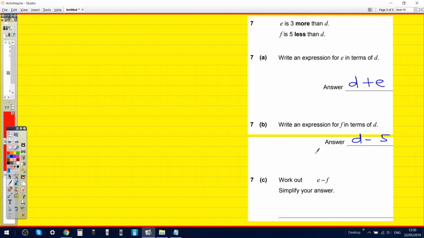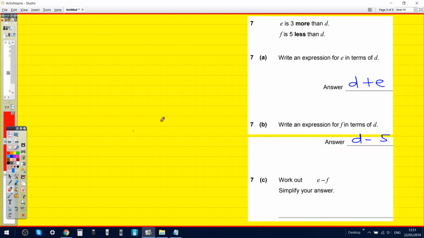E is 3 plus... E minus F is 3. So we know that E is 3 more than D. What exactly is E?